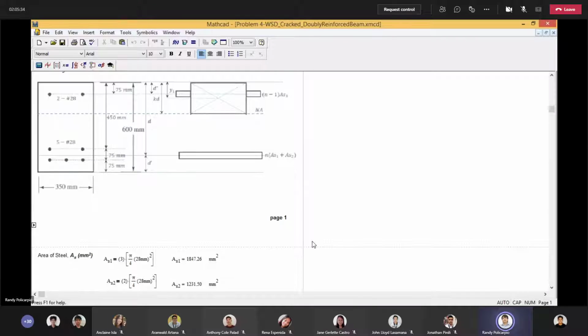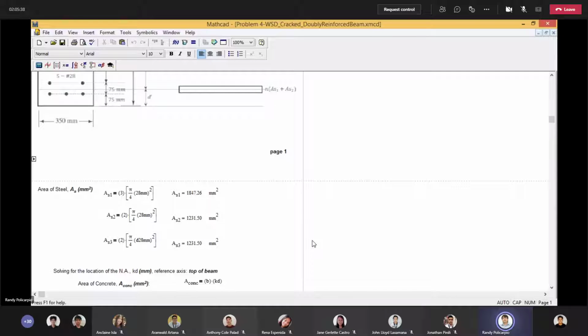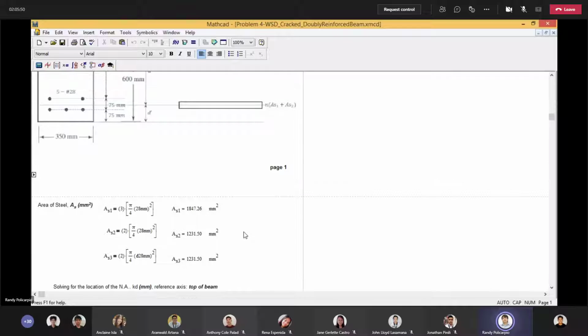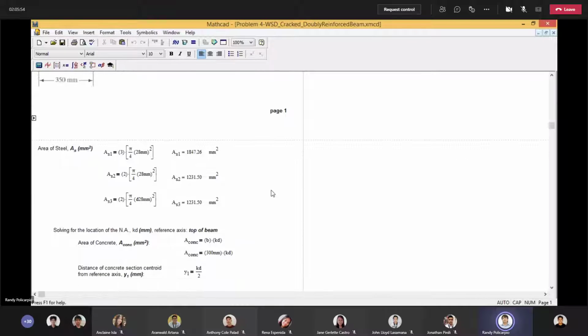Okay? So ito ngayon yung computation natin. I will not elaborate anymore dahil straightforward yung procedure natin. Nagbabago lang pagdating dun sa computation ng neutral axis, dun sa cracking moment of inertia. So dun lang nagbabago, and the rest the same.